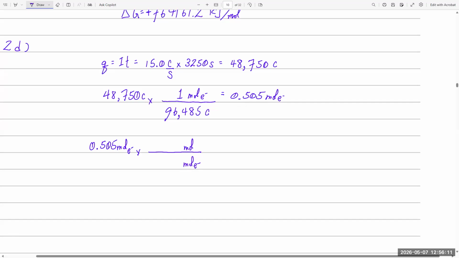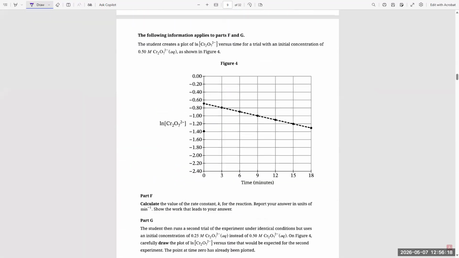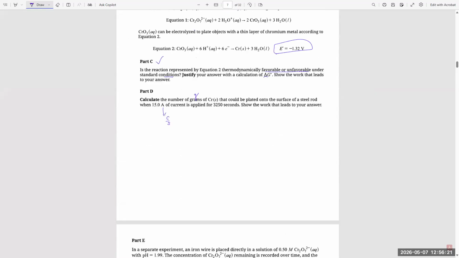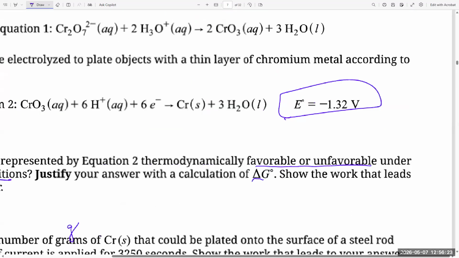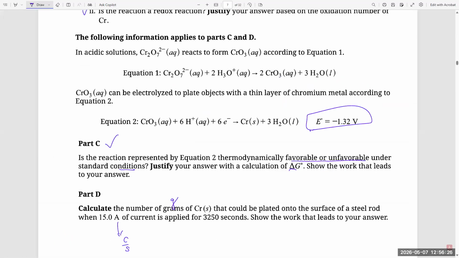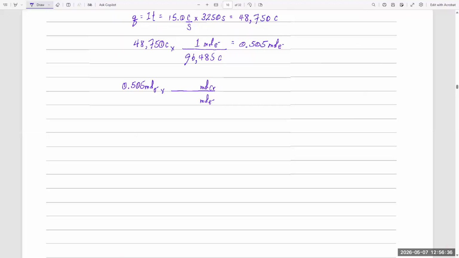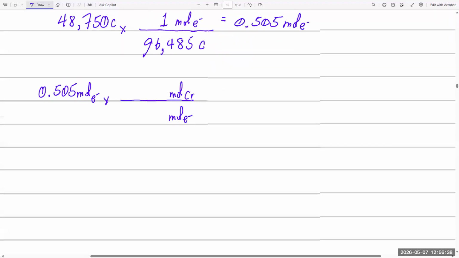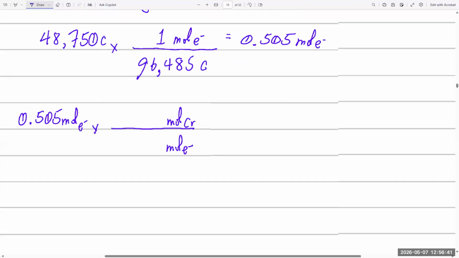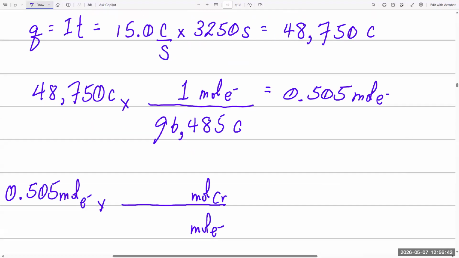Cr? Yes, chromium, right? So now, I'm going to jump to the equation. If you go to equation 2, what do we got? You see here, the stoichiometric ratio is 6 moles of electrons to 1 mole of chromium.